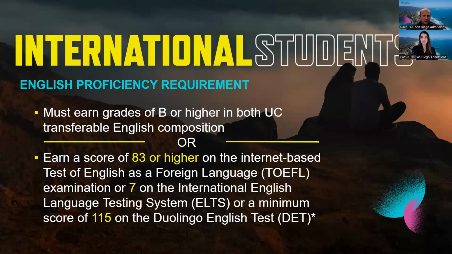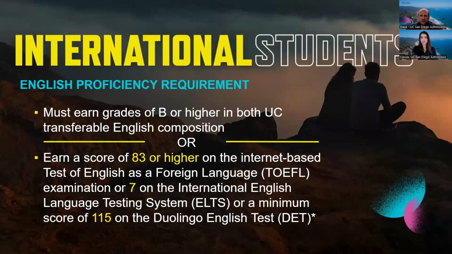Keep in mind, though, it says B or higher. So if your community college or institution has a plus or minus grade scale, B minus does not meet that B or higher standard. So just keep that in mind. We have a detailed overview of all the additional ways that you can demonstrate English language proficiency.